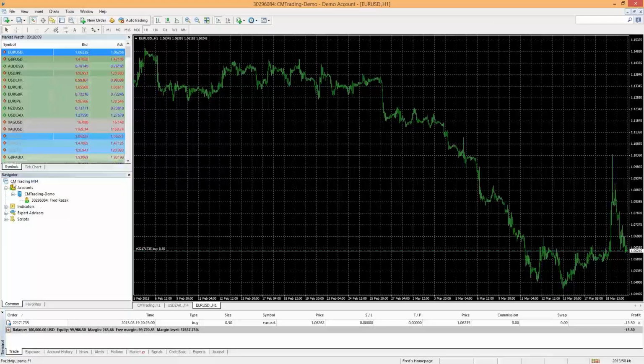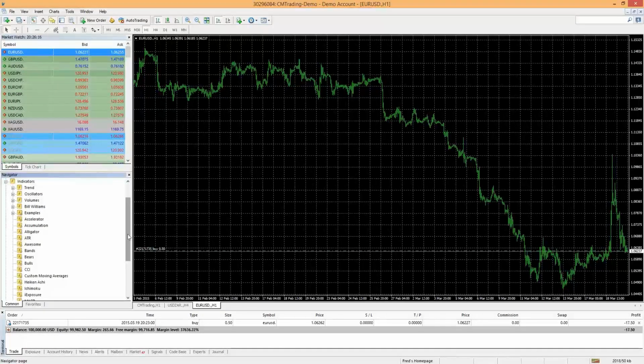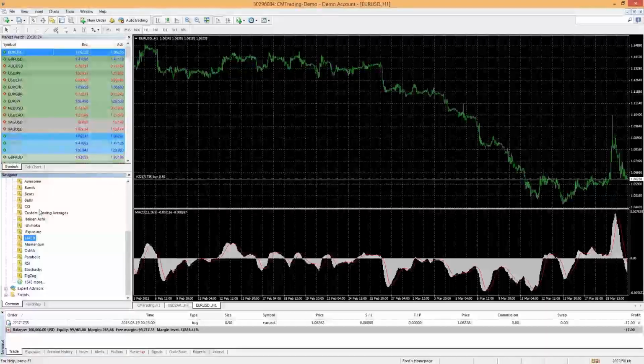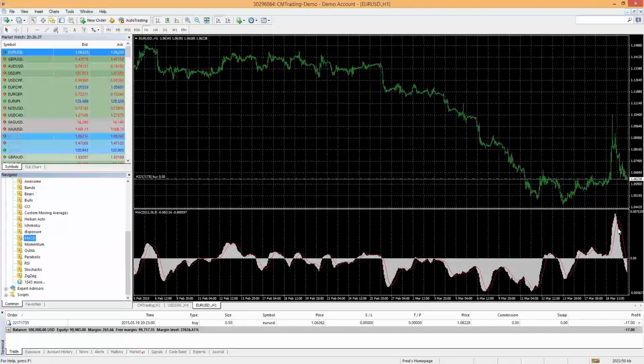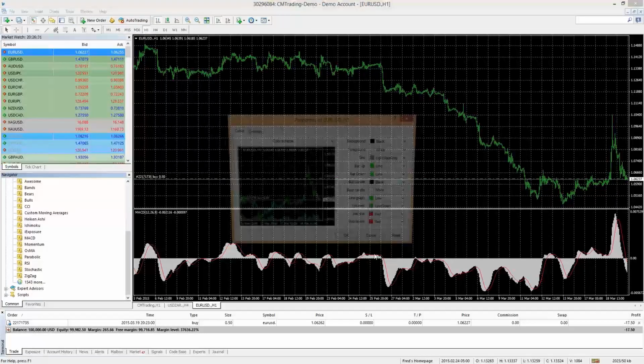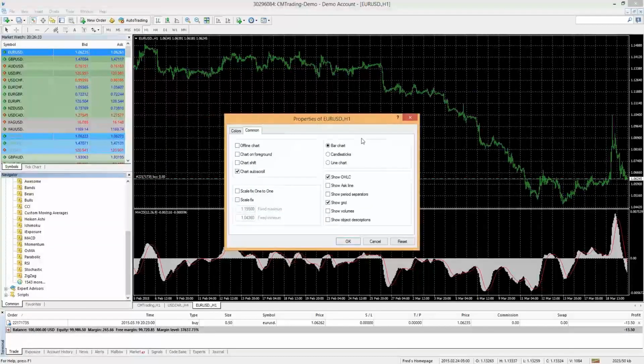Okay, here you have what we call the navigator page. It's basically if you have multiple accounts, people are using indicators. This is really great because it'll show you that you can actually add them in. So if I wanted to add a MACD, all I need to do is take it and drop it. If I want to remove it, I go to properties, go to common.